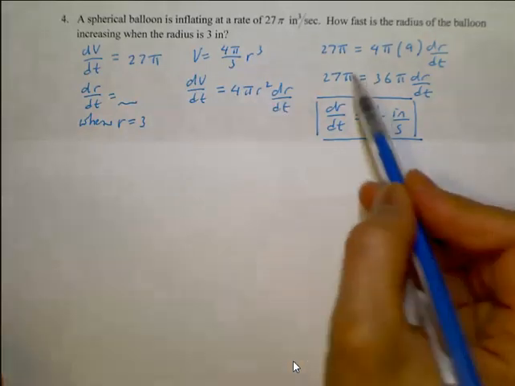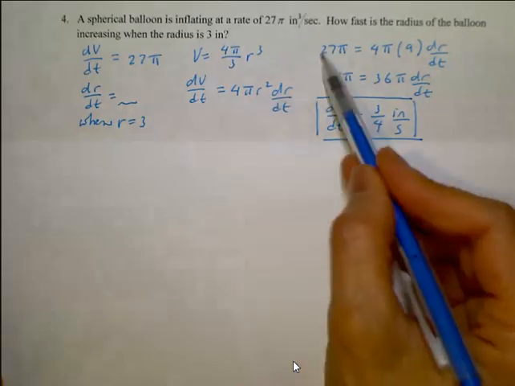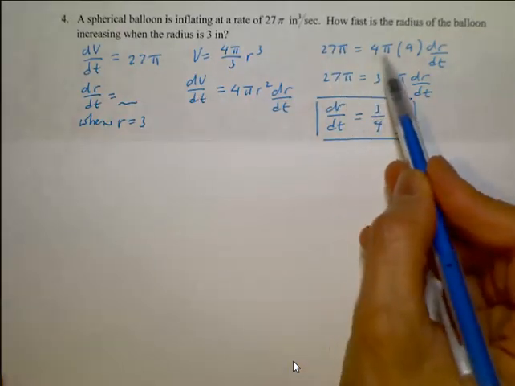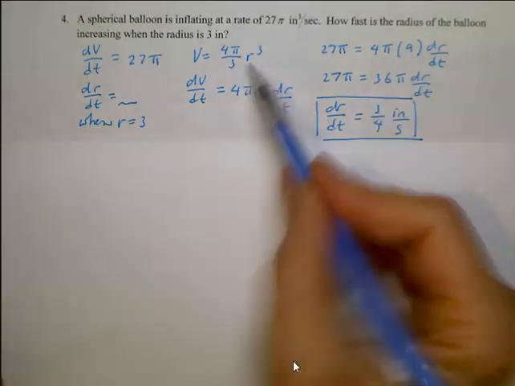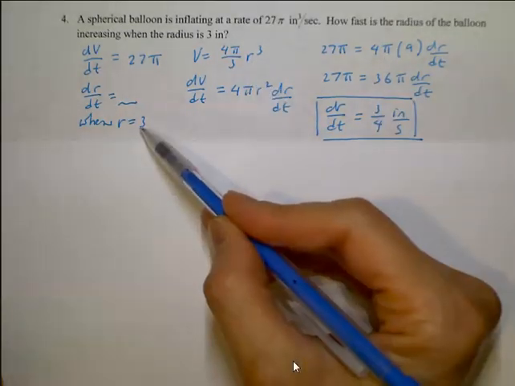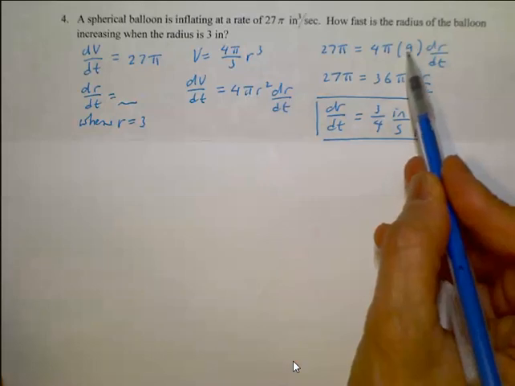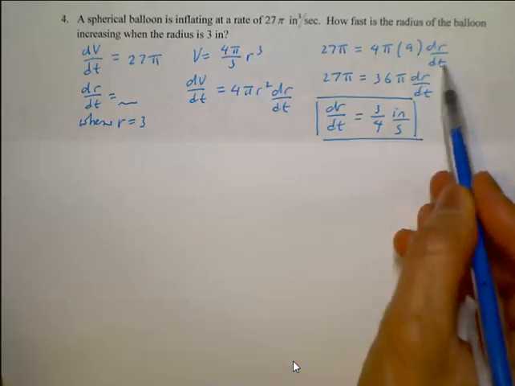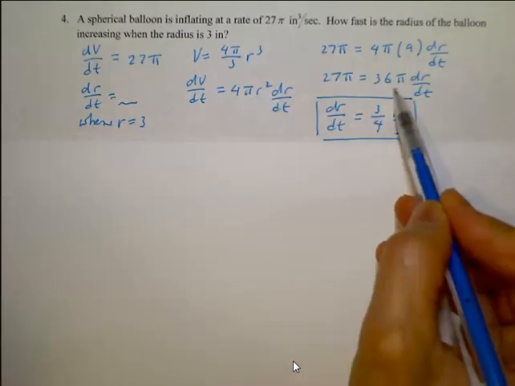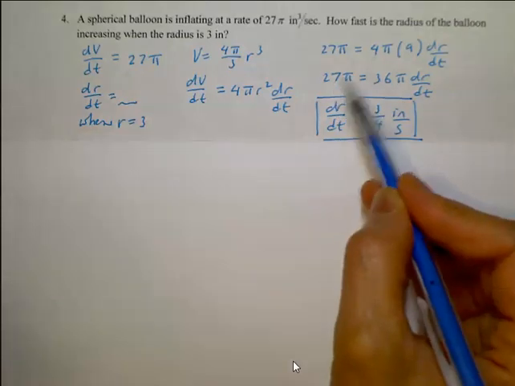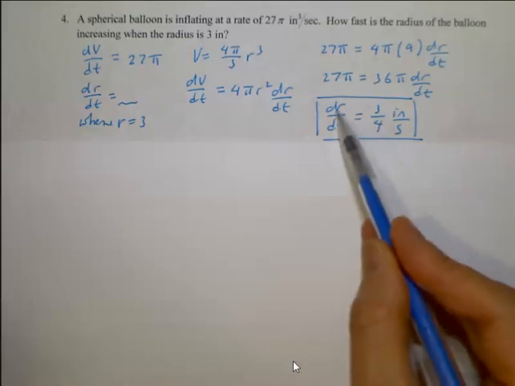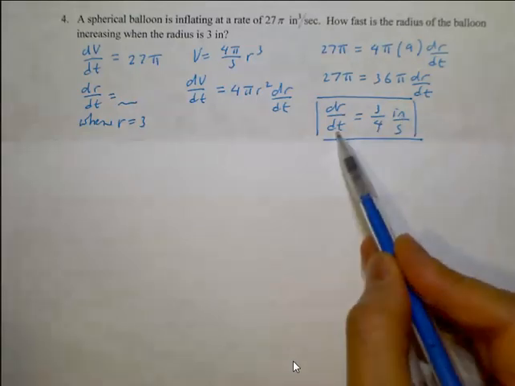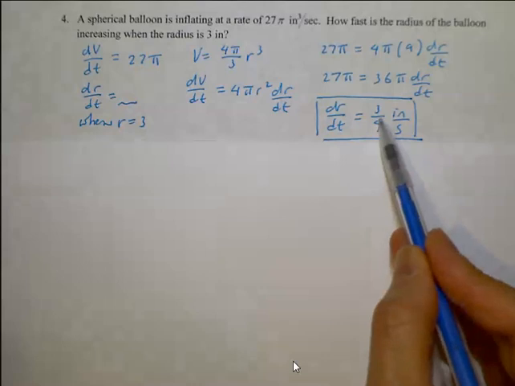And then I'm going to substitute in for dV/dt, 27 pi is equal to 4 pi, and then the radius is equal to 3, so then that would be 3 squared, so that's 9, and then dr/dt. So simplify all this and divide through, and the pi's will cancel out, and 27 over 36 will reduce to 3/4. So the unit for the radius is inches, and the unit for time is seconds. So that will be 3/4 inches per second.